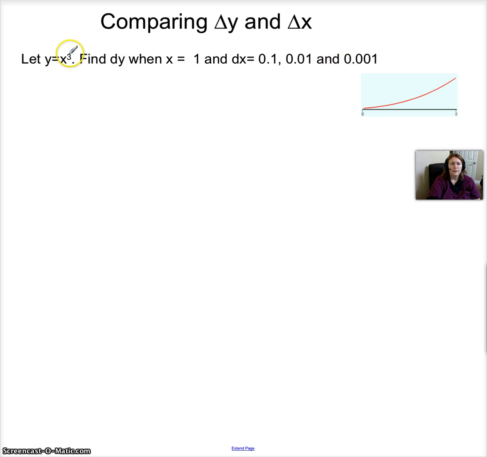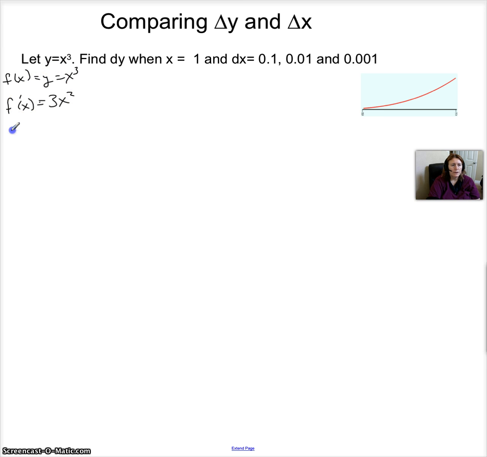All right, f of x is y, which is x cubed. So the first thing we need to do is find the derivative. The first derivative is going to be 3x squared.